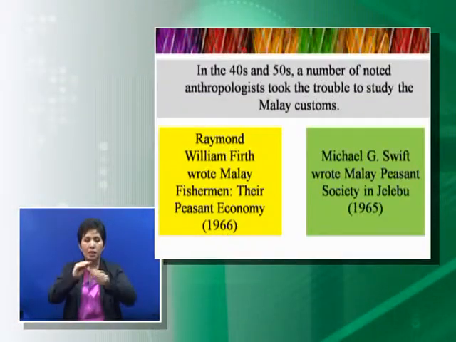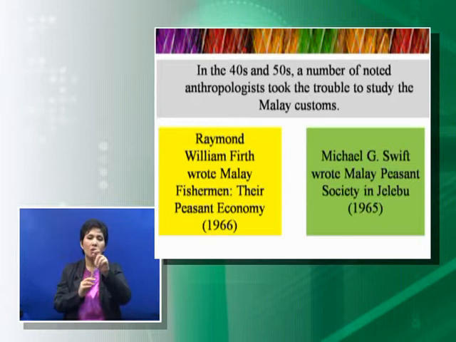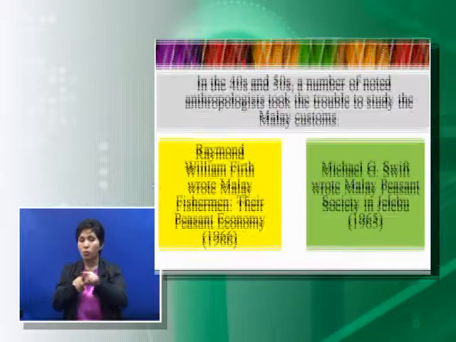In the 40s and 50s, we can see that a number of noted anthropologists took the trouble to study Malay customs. For example, Raymond William Firth wrote Malay Fishermen, Their Peasants' Economy. He was here in 1966 to do the study.